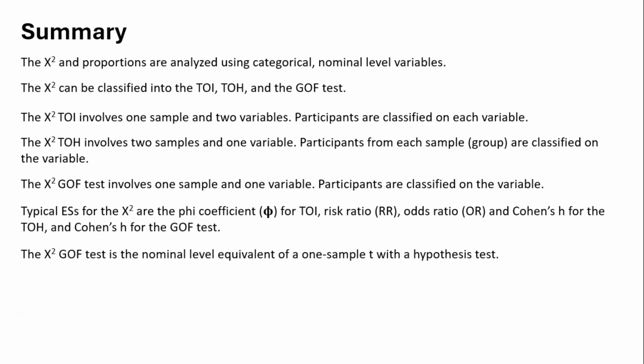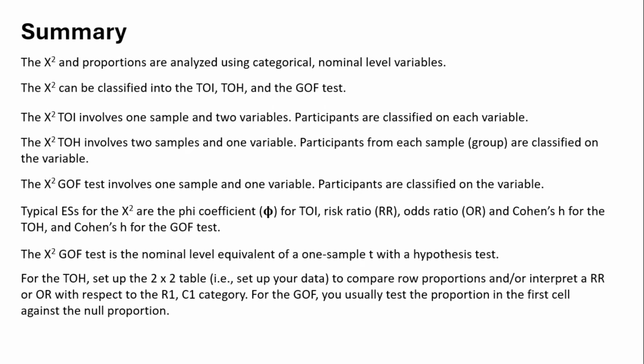And finally, for the test of homogeneity, set up the 2x2 table to compare row proportions and or interpret a risk ratio or odds ratio with respect to the row 1, column 1 category. For the goodness of fit, you usually test the proportion in the first cell against the null proportion.